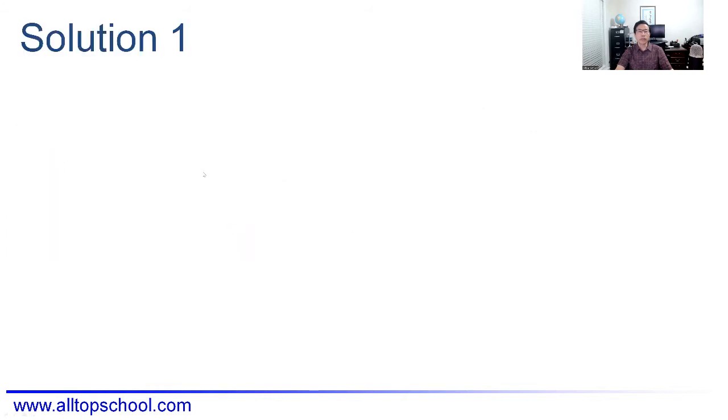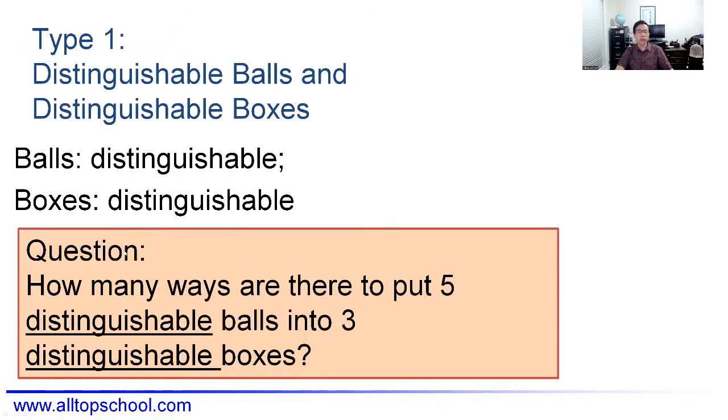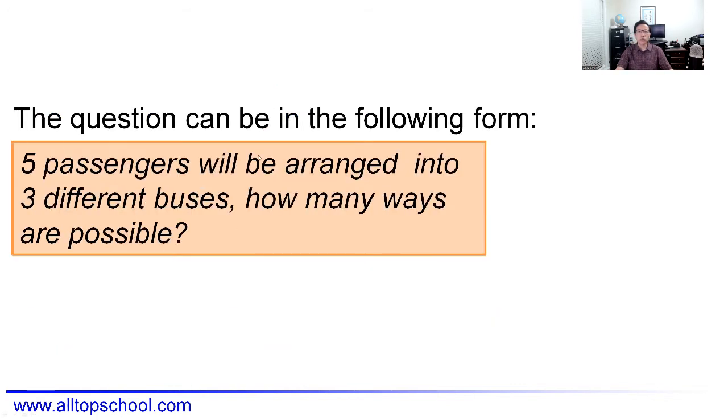The first example is: how many ways are there to put 5 distinguishable balls into 3 distinguishable boxes, just like 5 passengers being arranged into 3 different buses? How many ways to do it? We use this as the first example.